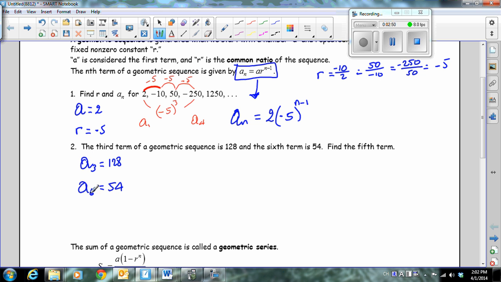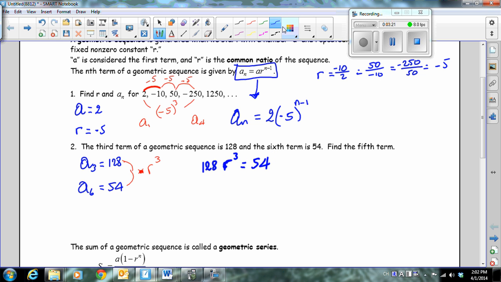Now, looking at a3 and a6, to go from a3 to a6, I will multiply by r to the power of 6 minus 3, which is 3. In other words, I will say 128 times r cubed, because that's what we multiply by, to get 54.